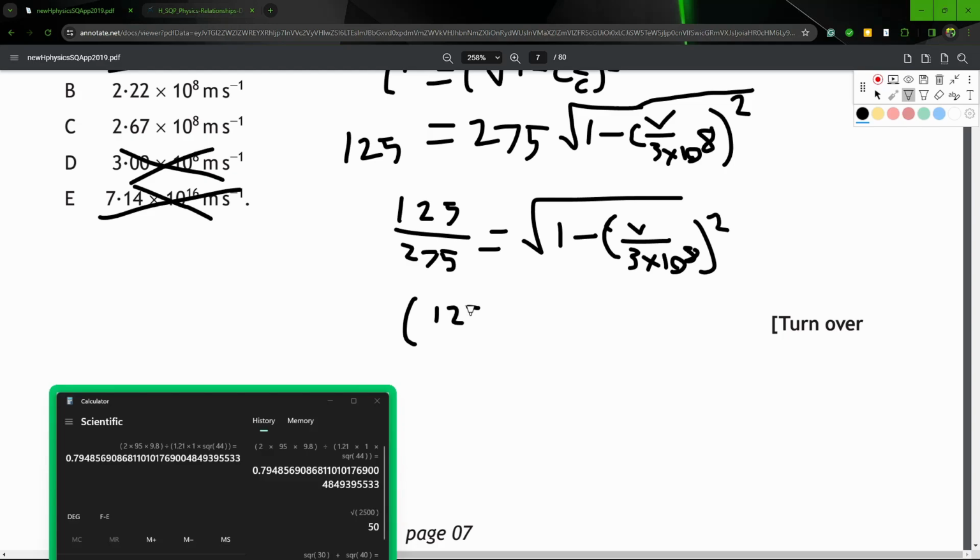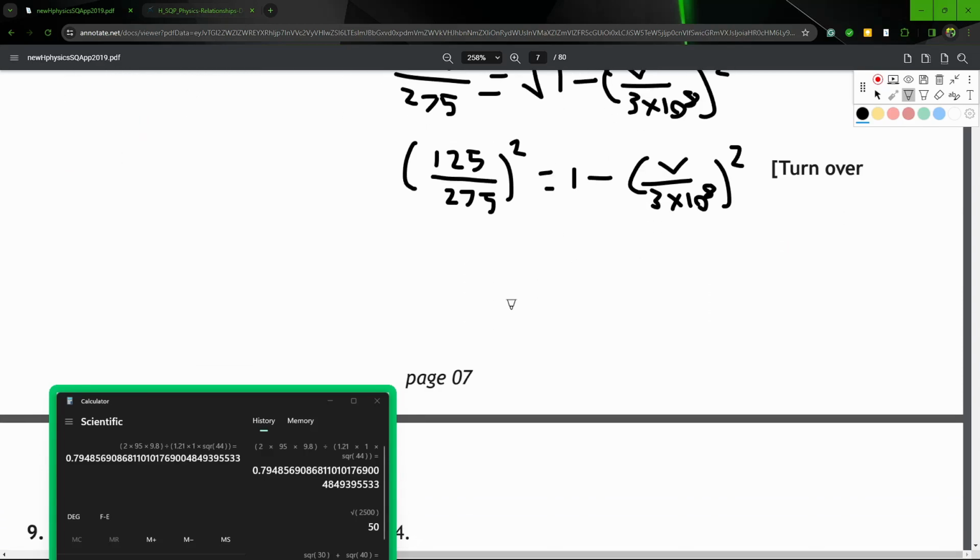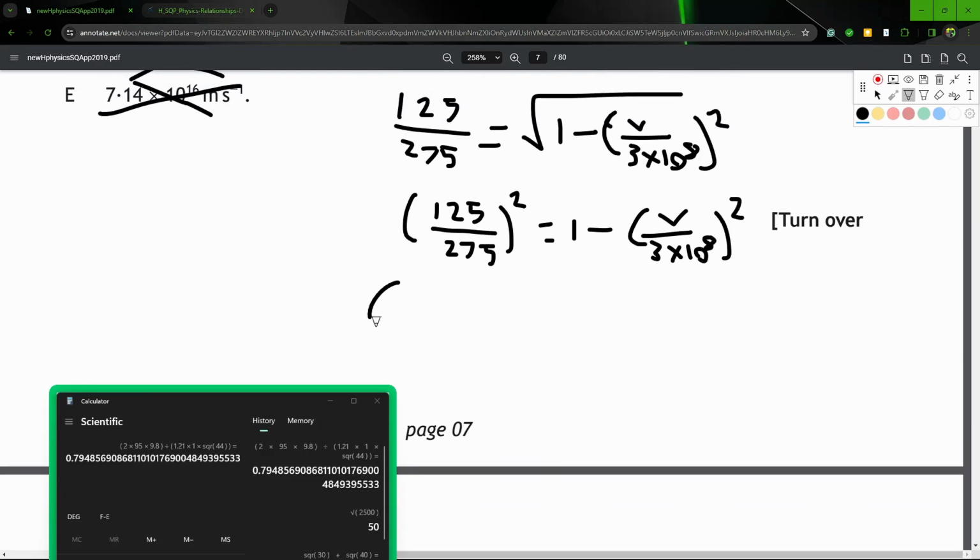This will be a bit of a mess by the end, but oh well. And then I'm going to take away 1 from both sides. And then next step, I'll times everything by -1. This will just make it a bit better, you'll see later.